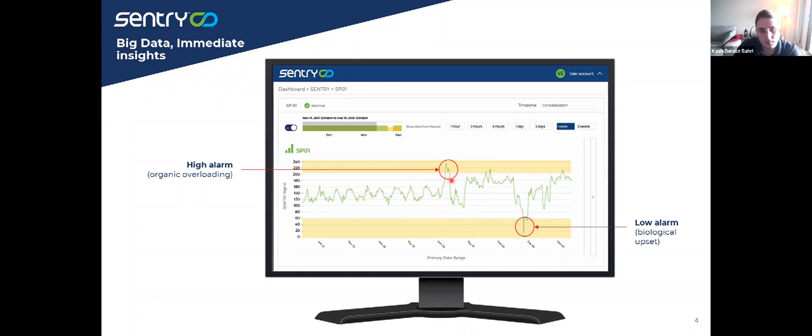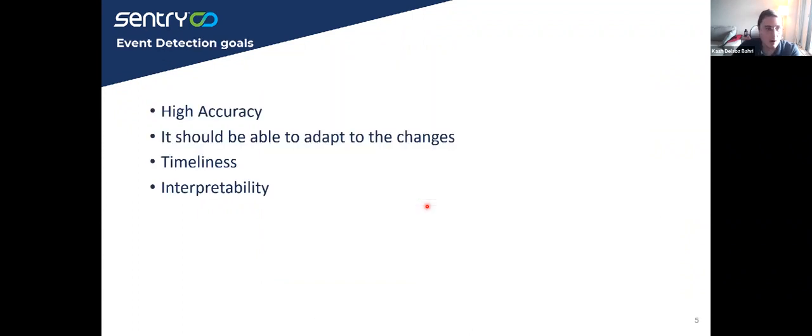Basically, the high alarm is likely suggesting that there is overloading happening in the plant, and a low alarm is basically showing a biological upset. It can be a low flow or it can be a toxicity event. This methodology is working for us. We are able to identify some events. However, we are going to use more advanced techniques to be able to improve the efficiency of the method.